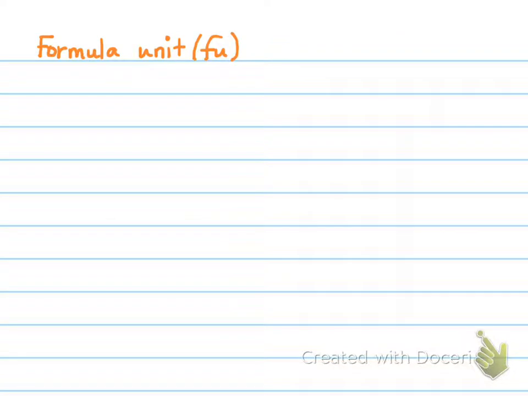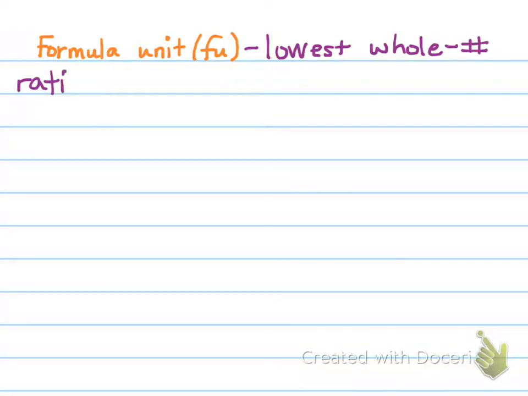Because of this, when we talk about ionic compounds, we talk about a formula unit, which I abbreviate FU, which is usually everyone's favorite abbreviation in class because you get to say FU to the teacher. Okay? So, for us, FU stands for formula unit, and the definition of the formula unit is that it is the lowest whole number ratio of ions in an ionic compound.